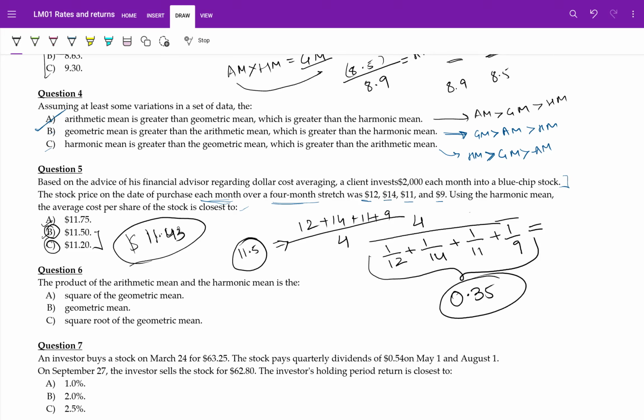The arithmetic mean is going to be greater than the geometric mean, and the geometric mean is going to be greater than the harmonic mean. 11.5 is the arithmetic mean. We have calculated that. Now, the only possible value we can choose as an option is option C.